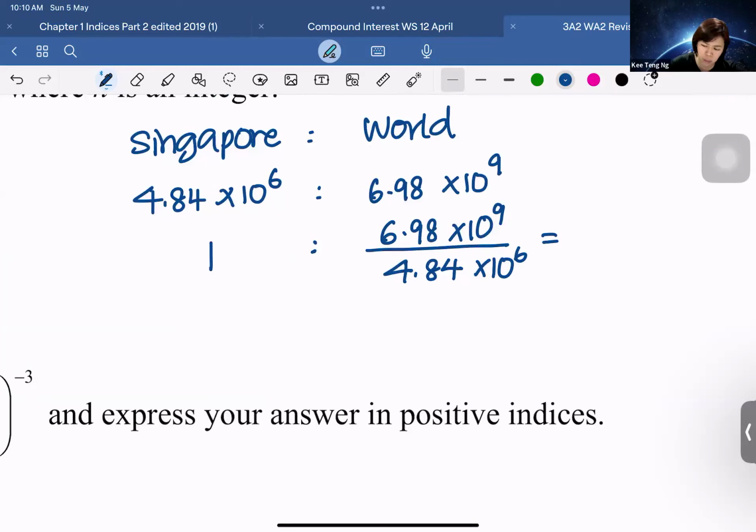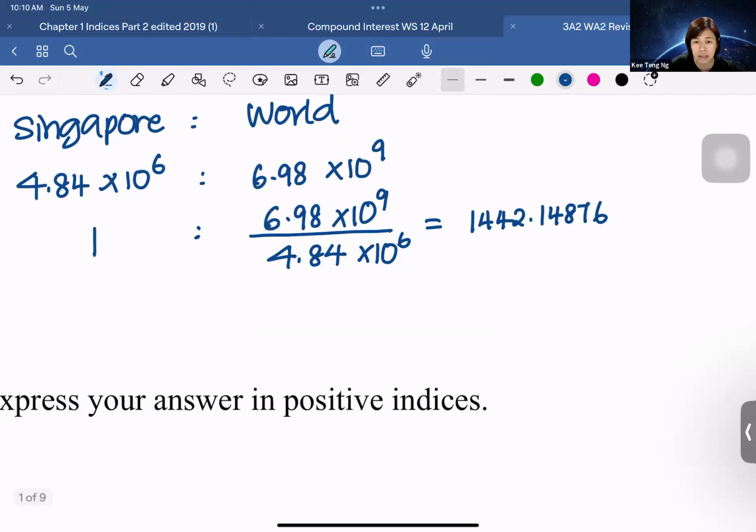That will give me the number 1442.14876 according to your calculator. But since they want n as an integer, we'll round this off to the nearest whole number, which stops here. So 1442. So therefore, the ratio will be 1:1442. Have you gotten the concept?